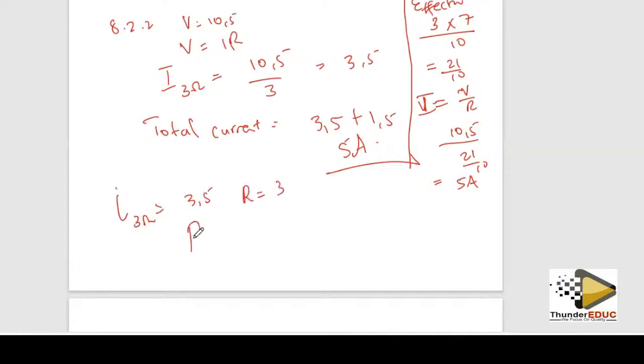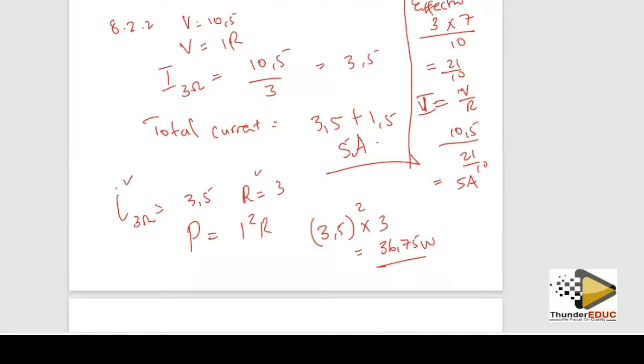So all we need is the equation of power that has current and resistance. The formula of power with current and resistance is I squared R. So it's going to be 3.5 squared times my 3. When I simplify that, I'm getting 36.75 watts.